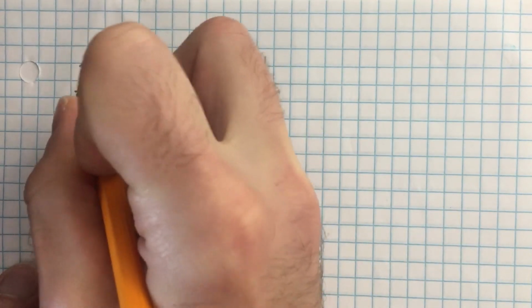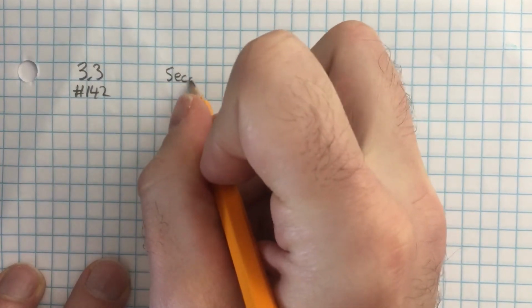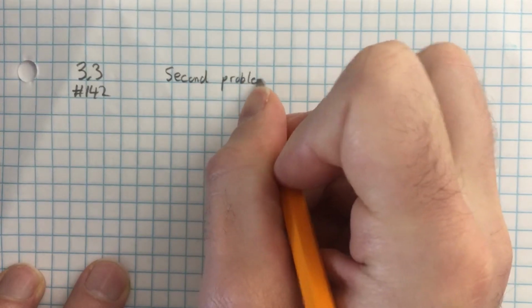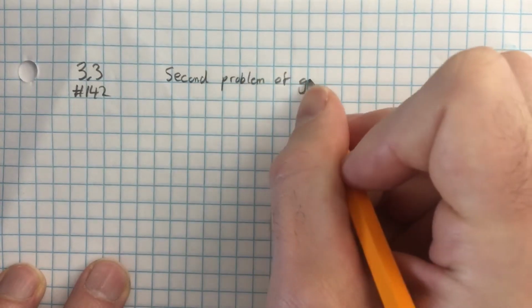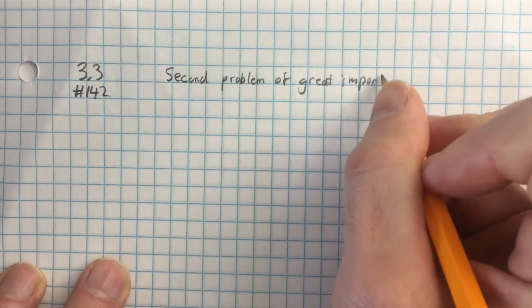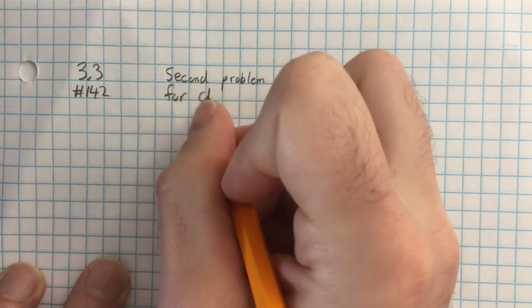3.3, number 142, is the second problem of great import for derivatives.